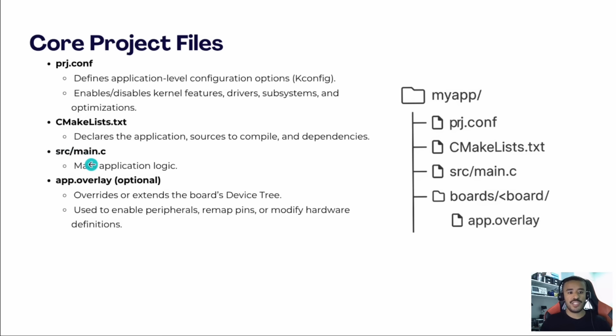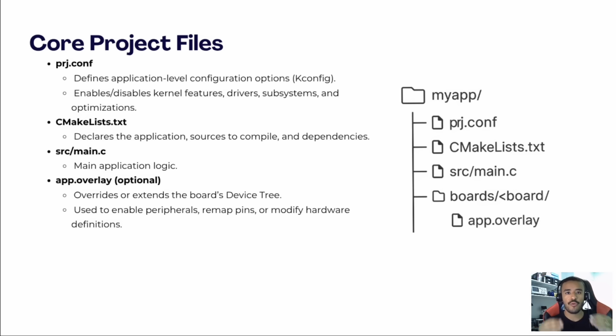In main.c, we have the main logic that contains, for example, some threads, some interaction with drivers, and defines the application behavior itself. Optionally, we have the app.overlay. This is the file that extends the board's device tree.